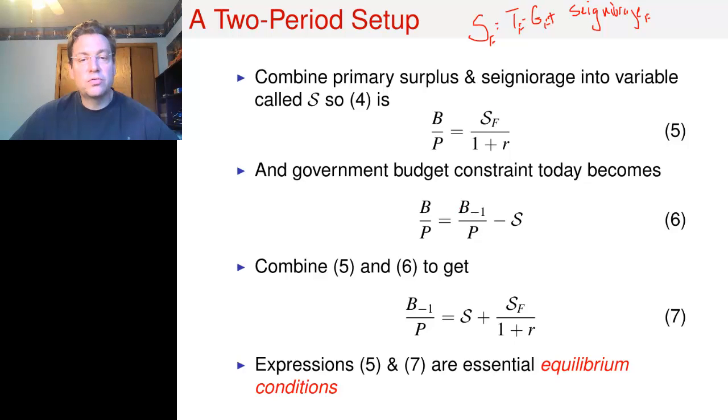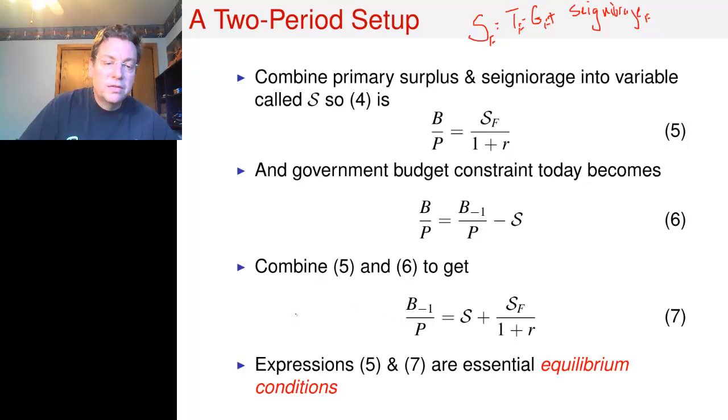And then the budget constraint today can just be rewritten in terms of this curly S, as this looks a lot like just the change in bonds equals negative surpluses, which kind of makes sense, right? If you're running big surpluses, then you're actually going to be reducing the amount of debt that you have. Or we can combine equation 5 and 6 because they both involve B over P. And now what do we get?